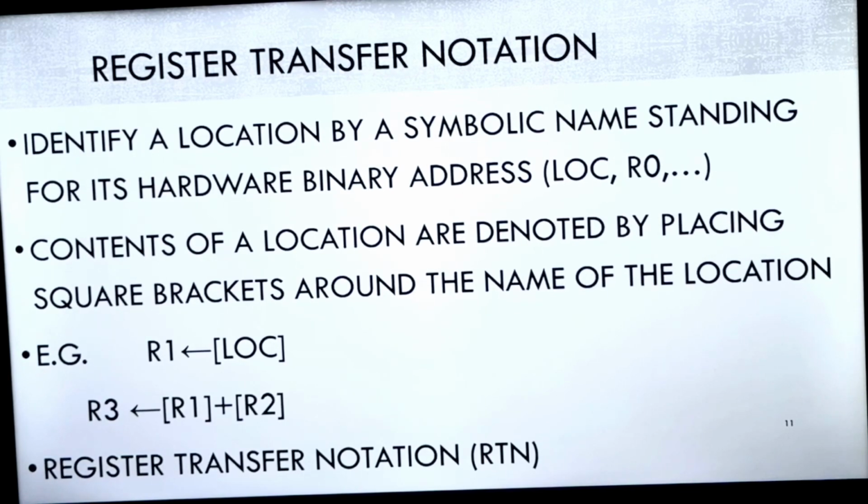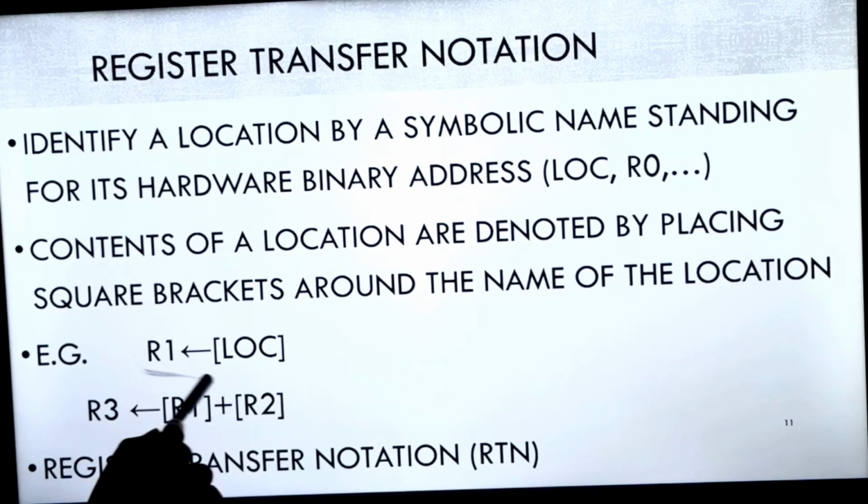Now to represent your instructions, I have two different notations. There are two different ways to write the instructions so that your computer can understand what you are trying to do with the program. First one is called RTN, register transfer notation. In register transfer notation, how to represent the instructions that you want to tell your processor to execute. Very simple, this is how we do.